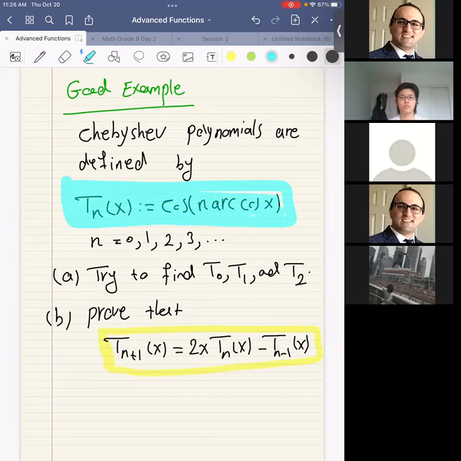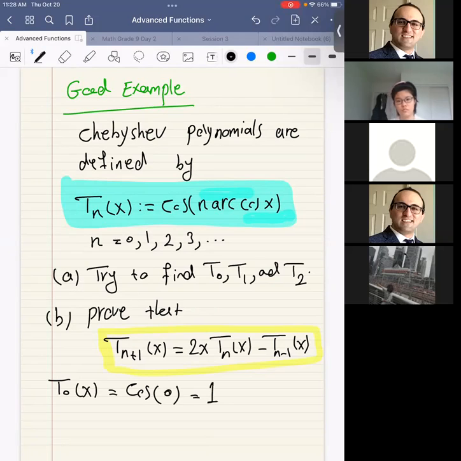So for example, T0 of x is cosine of 0, that was simple, because 0 times anything is 0. So that's easy to compute.